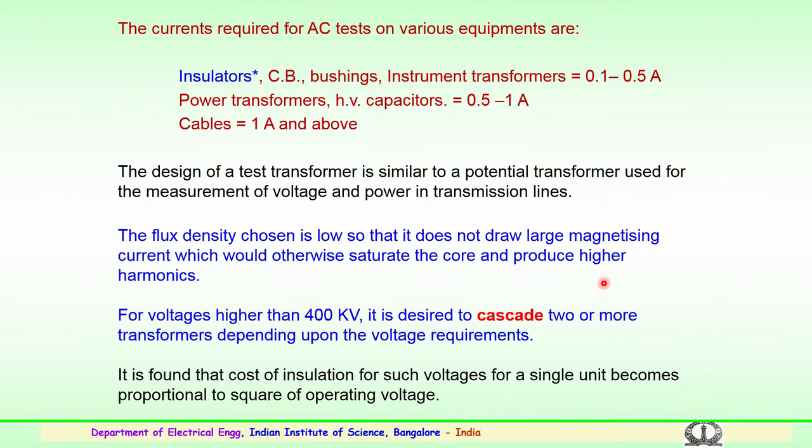It is found that the cost of insulation for very high voltages, in case of a single unit, becomes proportional to the square of the operating voltage. So, at voltage levels of 765, 800 kV or above, the cost becomes very high for the design of the insulation aspects. That is one of the reasons for going in for the cascade.